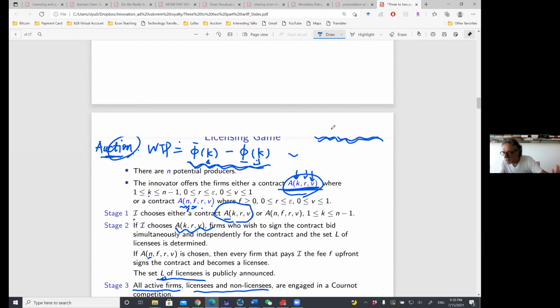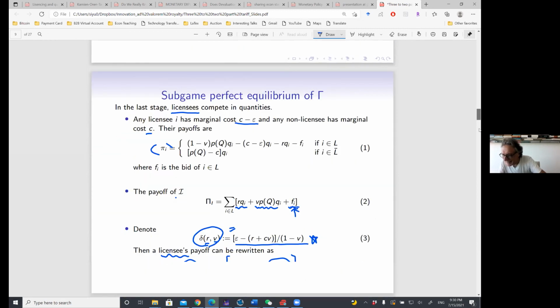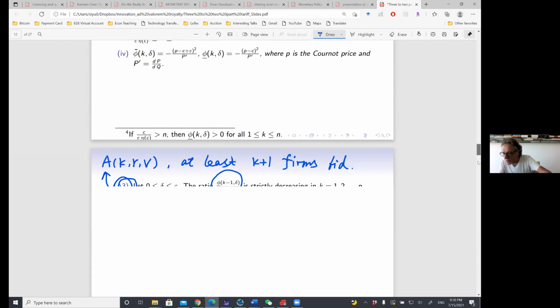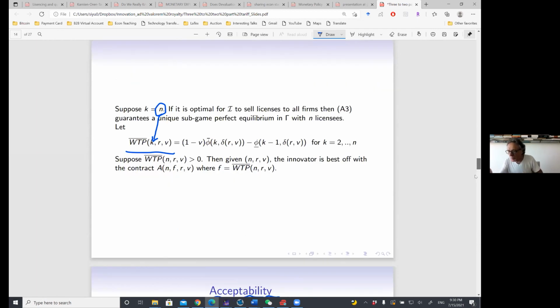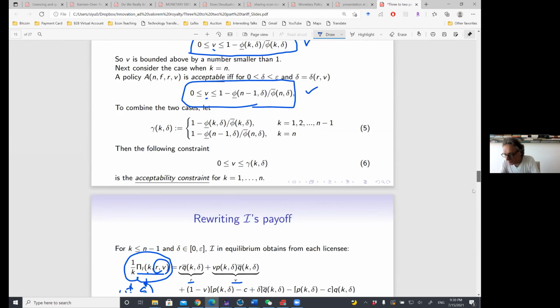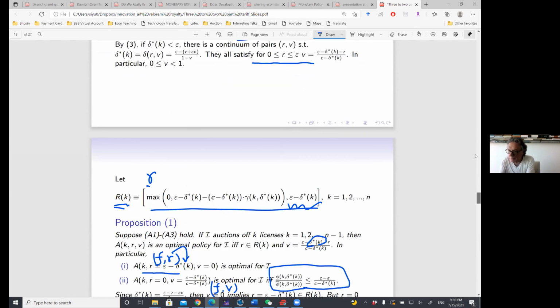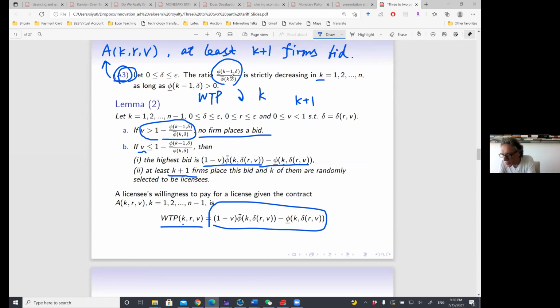First, you prove what we said by now, that if you put K less than N, the result is that you get at least K plus 1 bidding and you select at random K. No problem. Now suppose I want to put N. In this case, if somebody deviates, the willingness to pay is a little bit different, because if one deviates, there are only N minus 1.